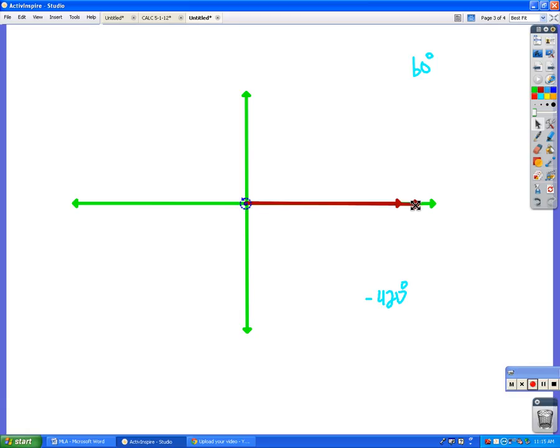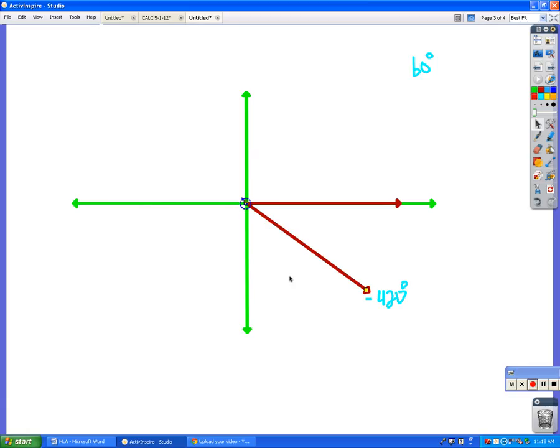If I start here and want to go to 300, I go 90, 180, 270, and 30 more. The other one was negative 60, so it goes down, and that will match up with that. So the one that's not coterminal with any of them is 60 degrees.